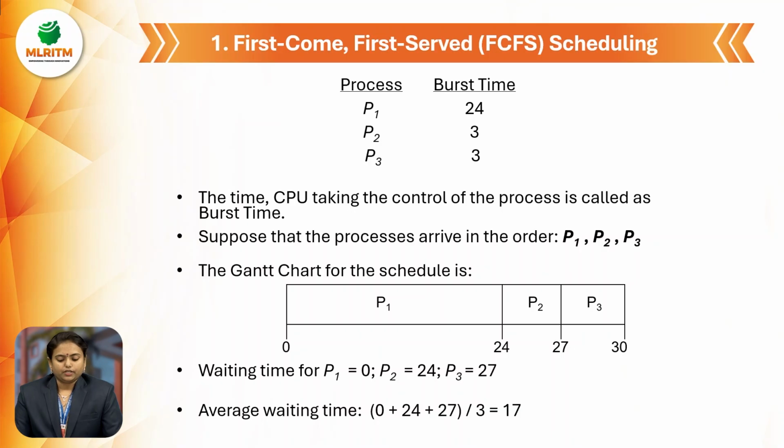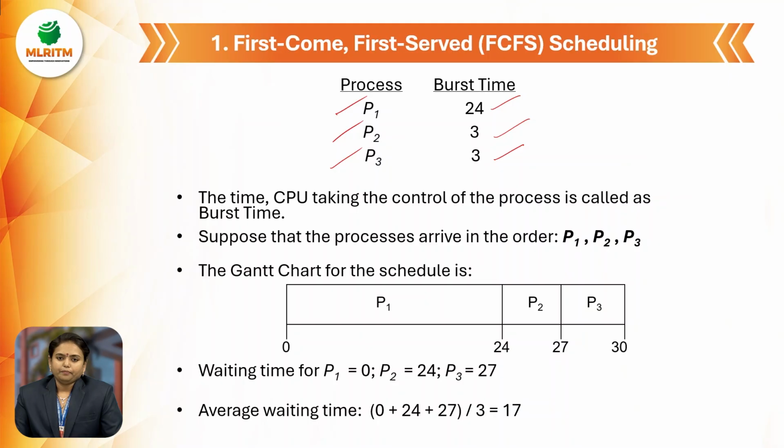In the first scheduling algorithm, that is the first come first served scheduling algorithm, for example, we are taking three processes: process 1, process 2, process 3, and the burst times of those processes are 24, 3, 3. What is burst time?